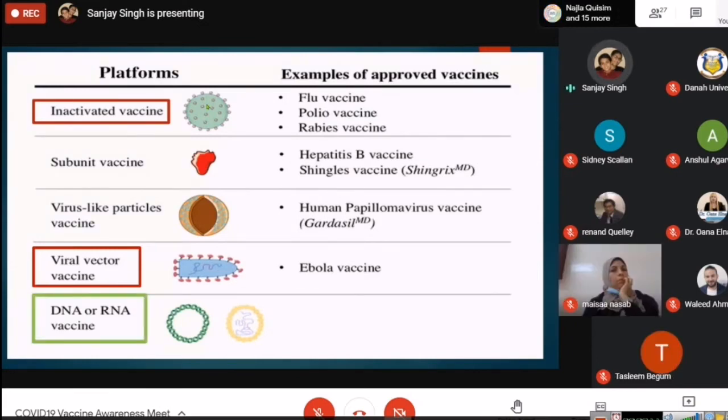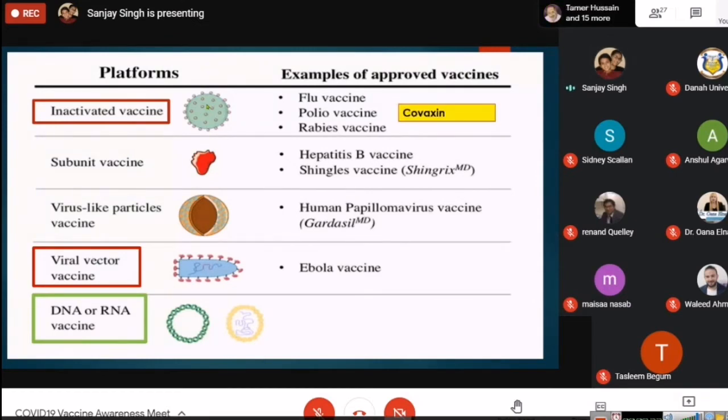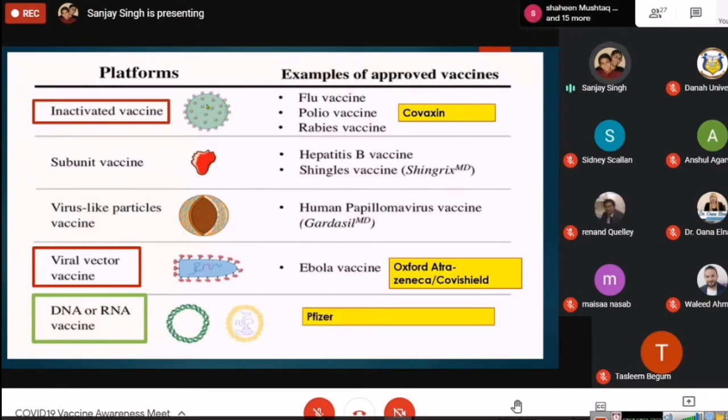The last one, DNA and RNA vaccines, is a novel approach which has never been used before and has been used for the first time. An example of an inactivated vaccine is Covaxin, which is produced in India and is not used in Kuwait. An example of a viral vector vaccine is Oxford AstraZeneca, Covishield. And an example of a DNA and RNA vaccine is the Pfizer vaccine.